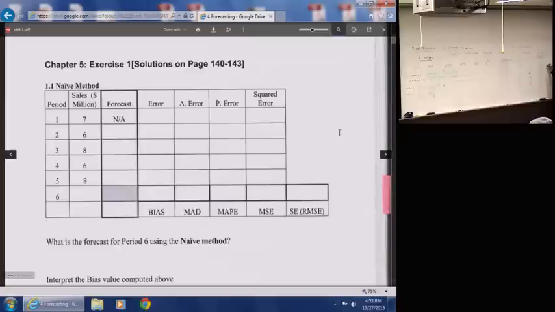You got the absolute error, and then you divide it by the actual sales to get the percentage, which is 16.67%. So the first percentage absolute error is 16.67%. It means your prediction is off by 16.67%.